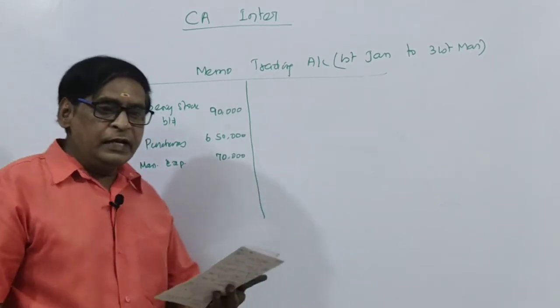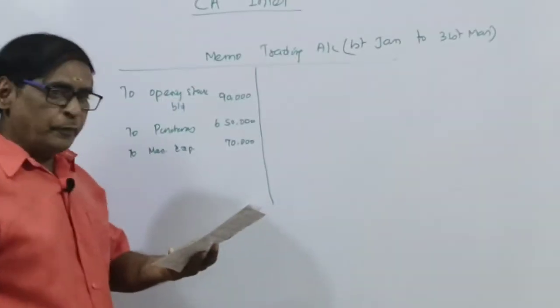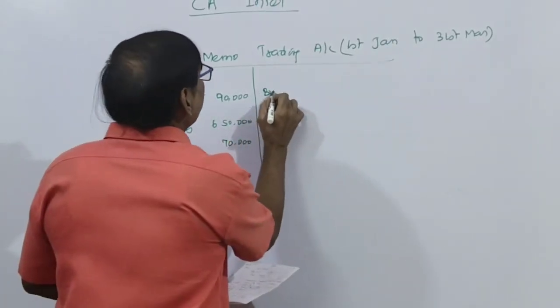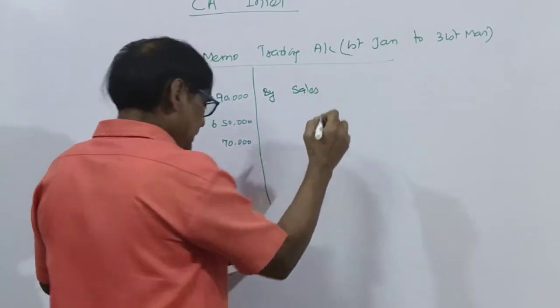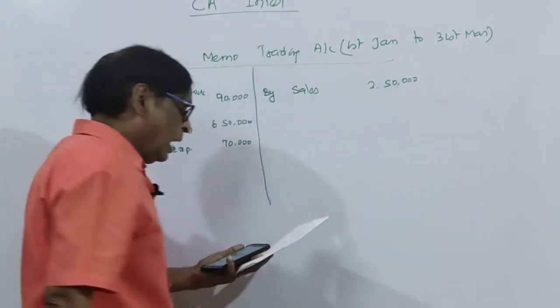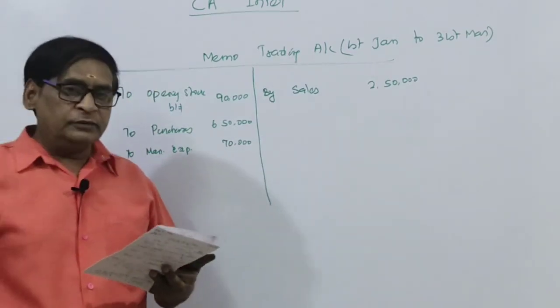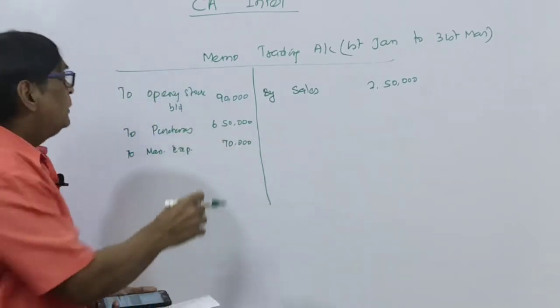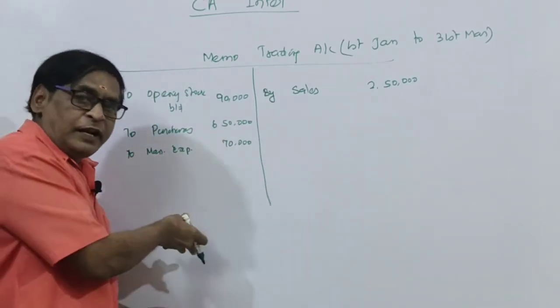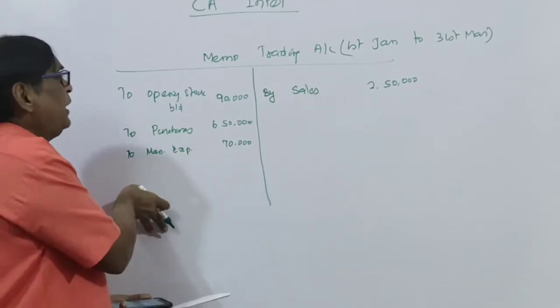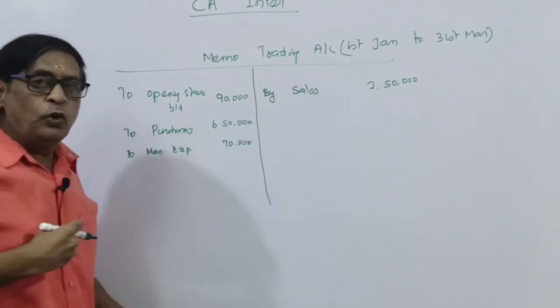And then sales are also given for the period of three months, January to March. Sales are 2,50,000. Then we have to find out the closing stock. Closing stock is not given, but the gross profit ratio we have already found out. Because the sales are given and we know the gross profit ratio, we can find the gross profit.